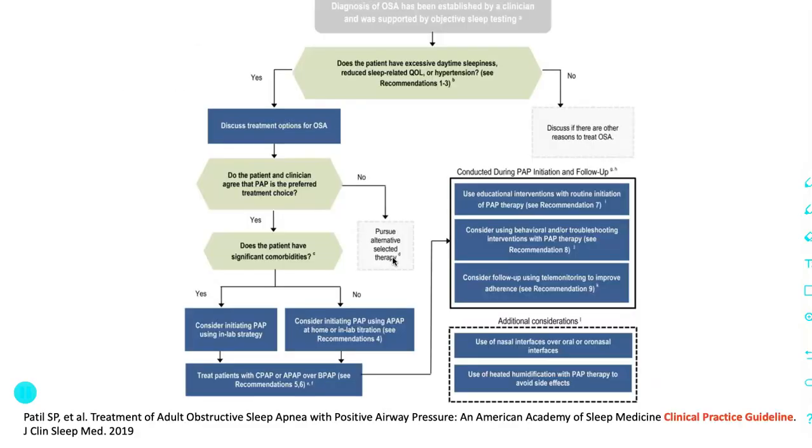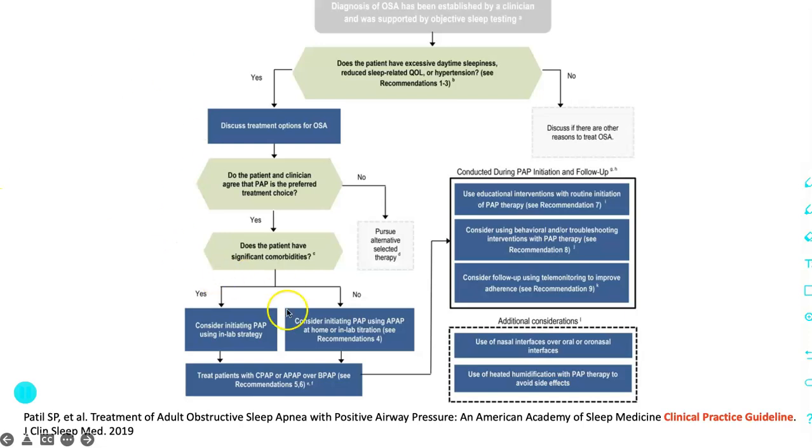So if you're looking at whether there are any guidelines or recommendations for the treatment of obstructive sleep apnea, we have a clinical practice guideline published in 2019 by AASM, and it states that there should be an initial discussion with the physician and the patient, and once the preferred choice of treatment as the PAP is decided, look into whether the patient is having any significant comorbidities.